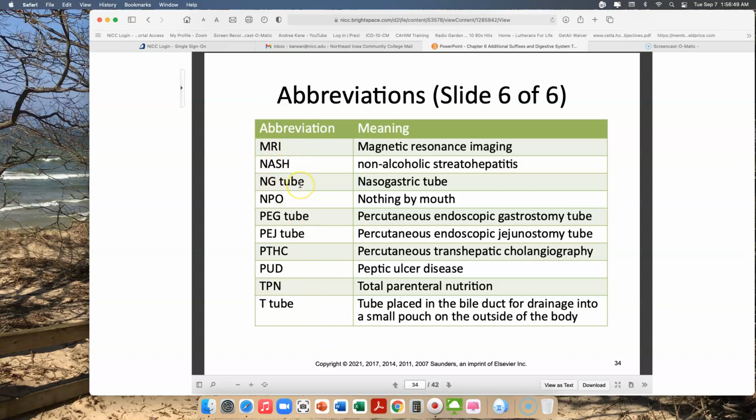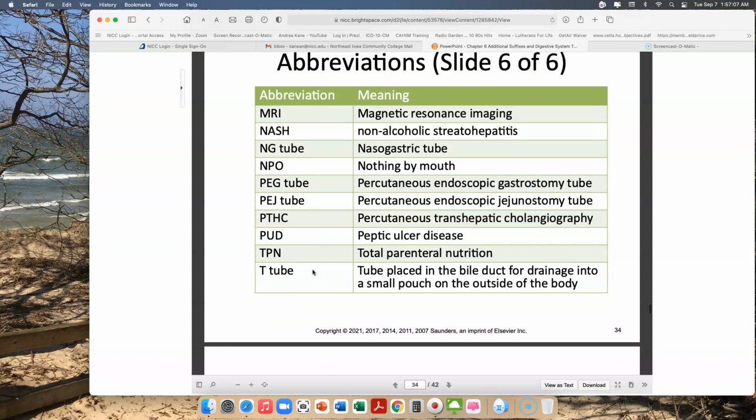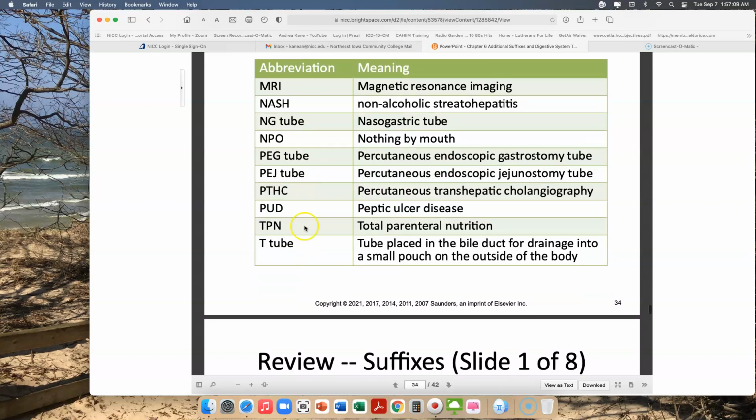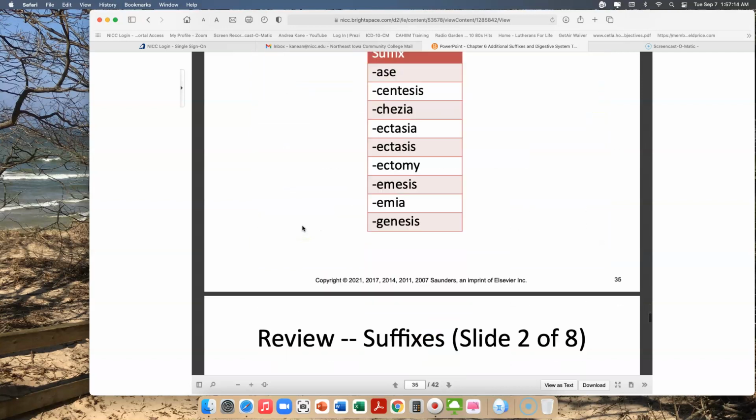NG tube, another very common one. NPO is one that you'll see a lot of, especially if you're a nurse. PEG tube and PEJ tube, those are percutaneous endoscopic tubes that are put in. And let's see, TPN, total parenteral nutrition, that's another common one.